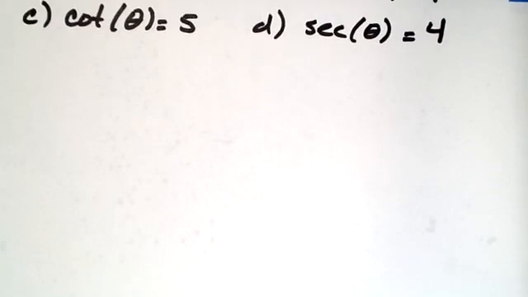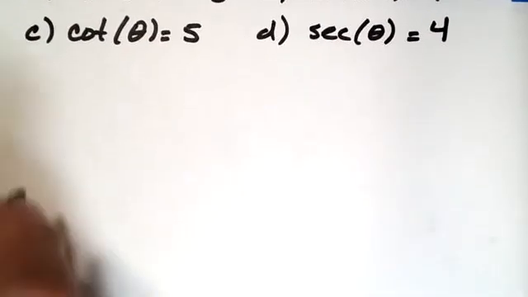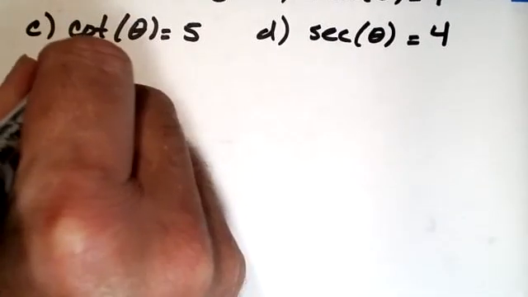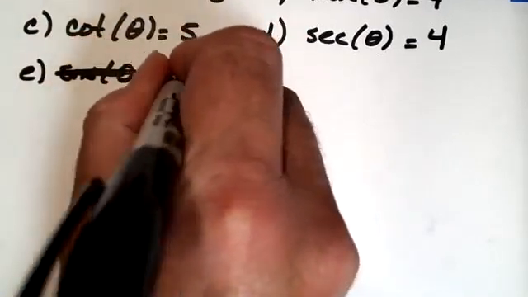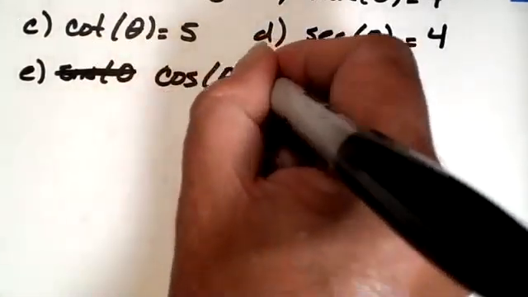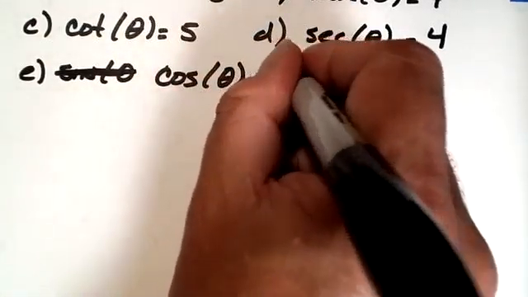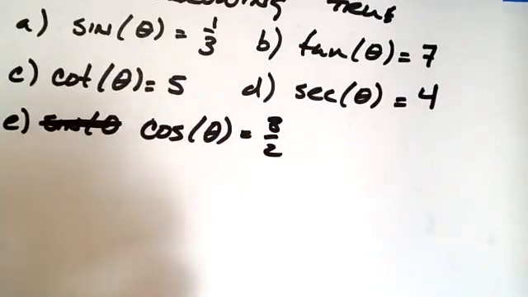And just to show this, I'm going to do a last one: let me make it cosine. So cosine of theta equal to 3/2. Hopefully you recognize that that's a problem.